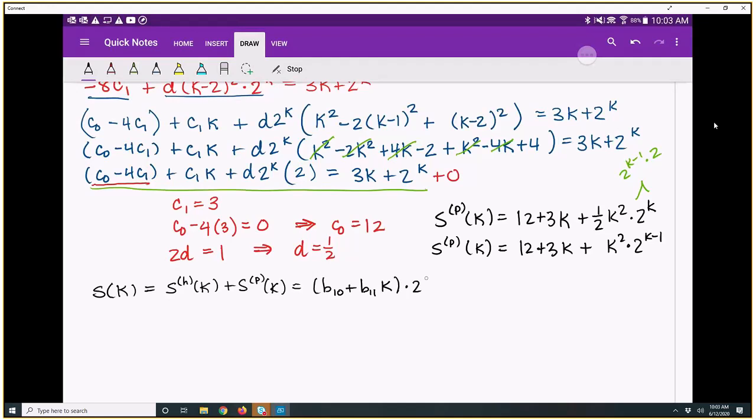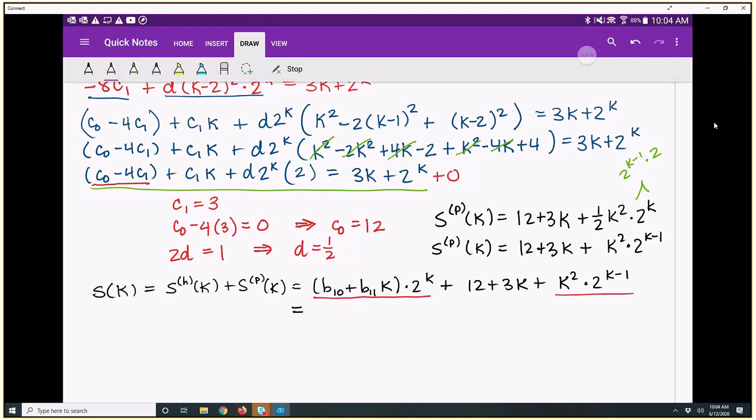Times 2 to the power k plus 12 plus 3k plus k squared times 2 to the power k minus 1. Just to make this look a little nicer before we start solving for coefficients, I'm going to combine these like terms, 2 to the power k and k squared 2 to the power k minus 1.